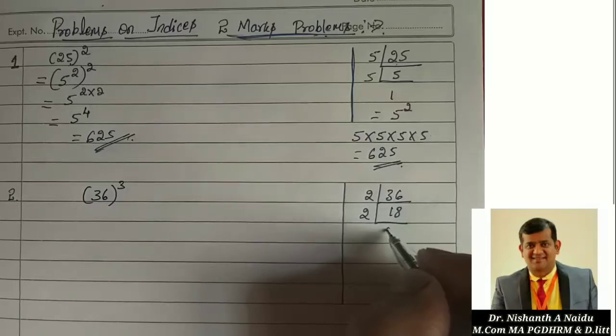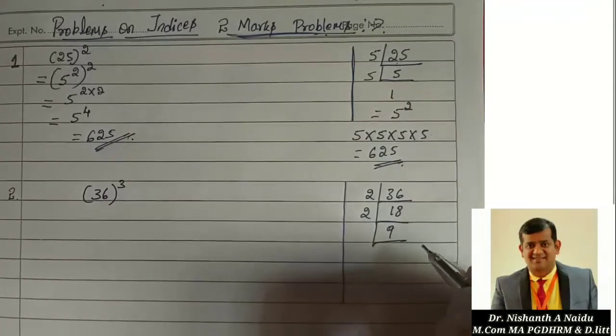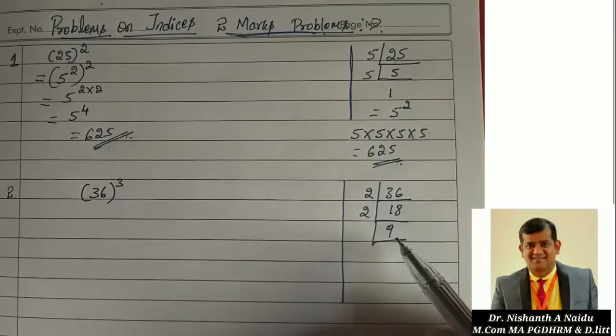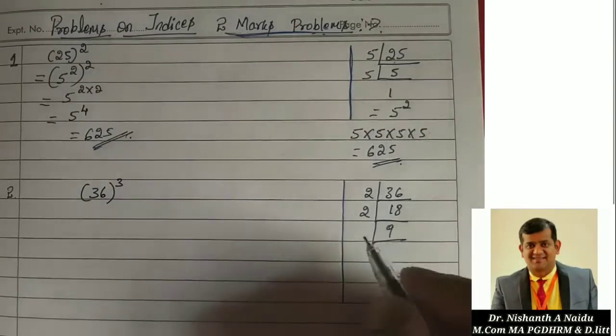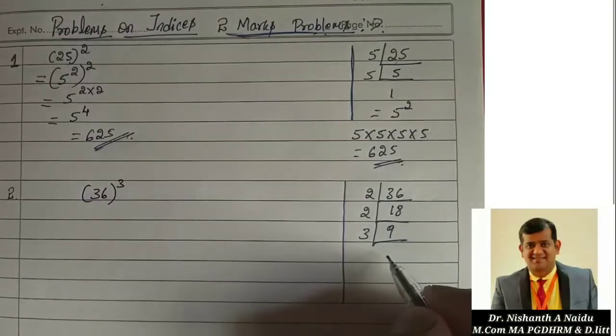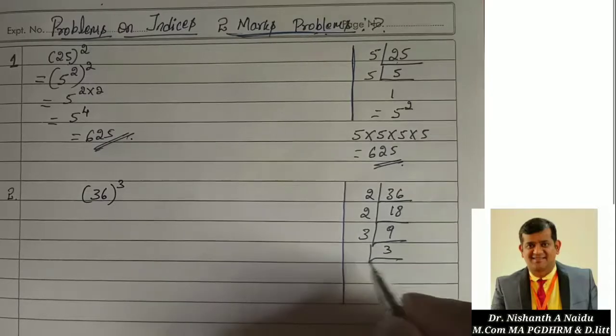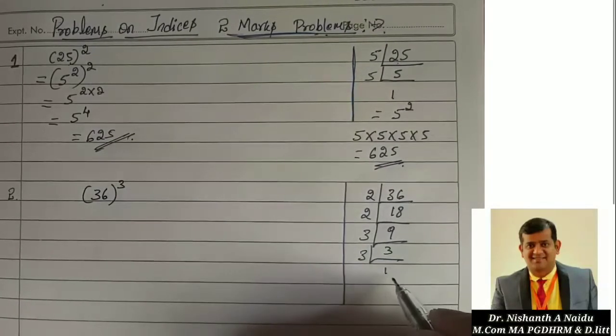Next, this 9 you will not get by 2, but you will get it in 3. So 3 3s are 9 and 3 1s are 3.